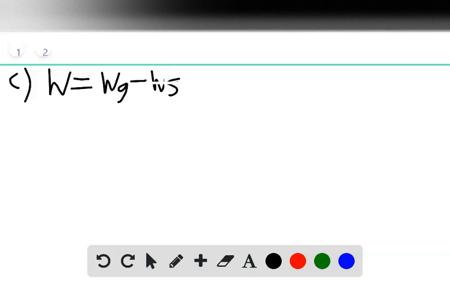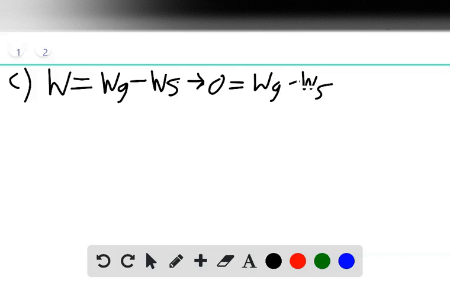Okay, and by work energy theorem, the net work done has to be equal to 0 because the elevator ends at rest. So 0 equals Wg minus Ws.